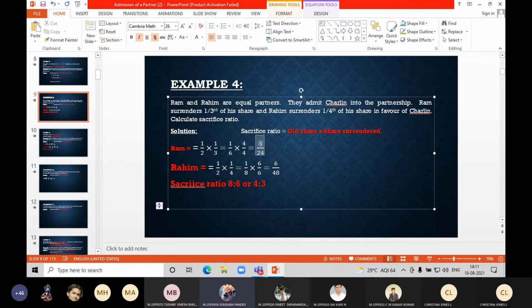This will be 3, again 24. 8 into 3, so 1 into 3 will be 3. The answer will be the same, just that we have done a double substitution. Okay, so 4:3 will be the answer.